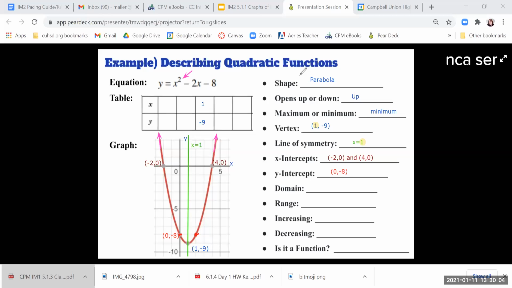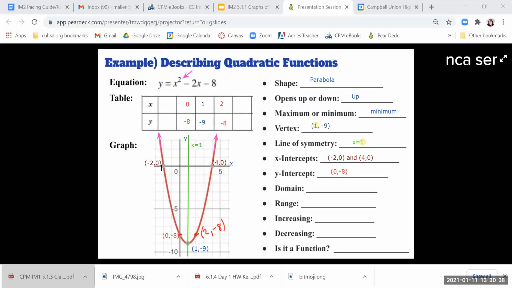And that one is at (2, -8). So I'm going to use that point as well. Now I'm going to go back to my table and put (0, -8) on one side of my vertex and (2, -8) on the other side of my vertex. Do you see how we have symmetry there? The y's on either side of the -9 are both -8. We have this perfect symmetry in the y's.